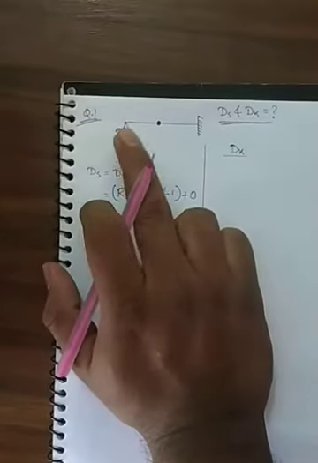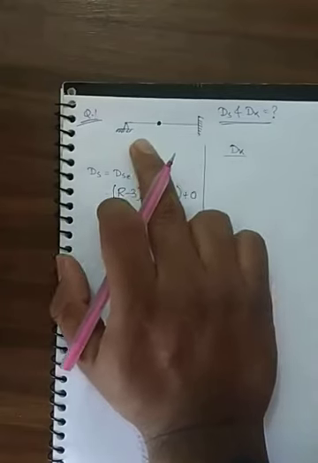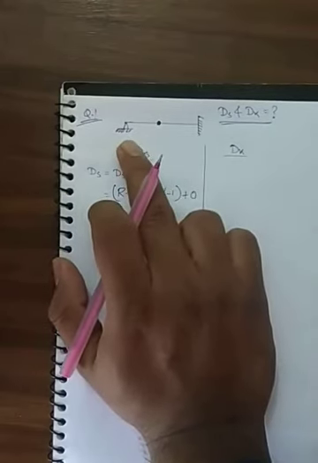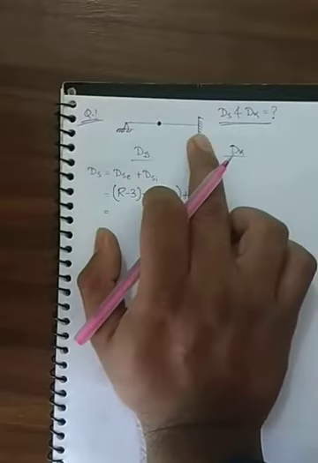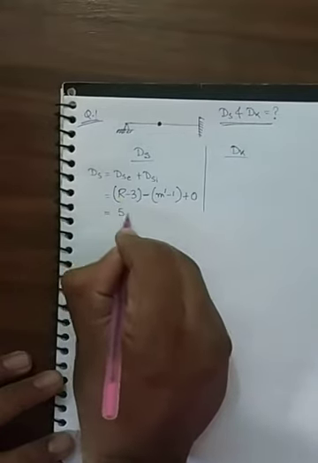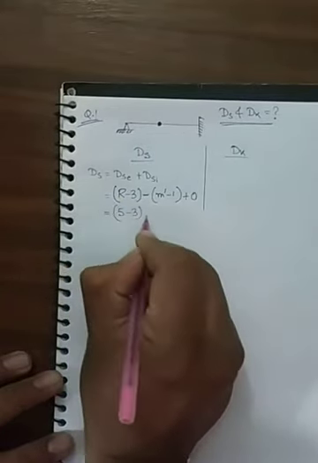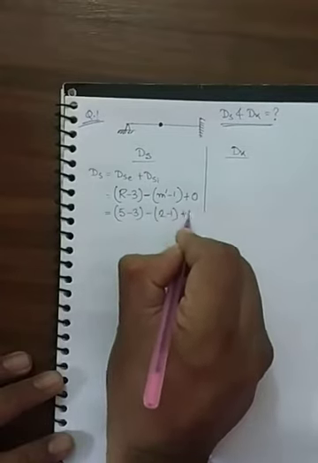Here unknown reaction components: 2 at the hinge, where the components are vertical and horizontal, and here 3, vertical, horizontal as well as moment. So your r value is 5, minus 3, plus m dash 2 minus 1, plus 0.